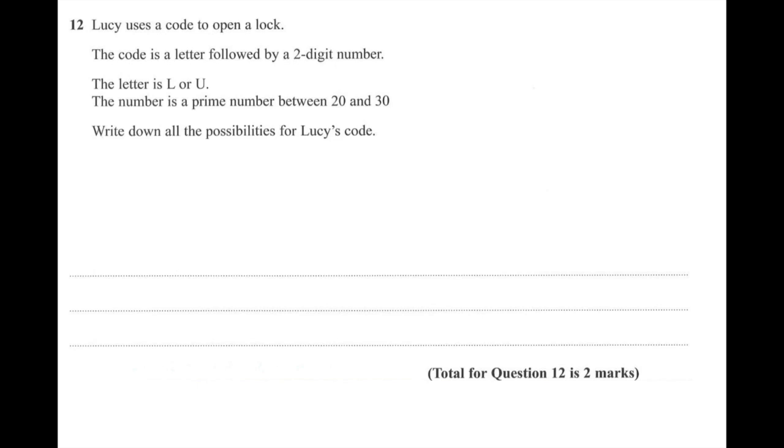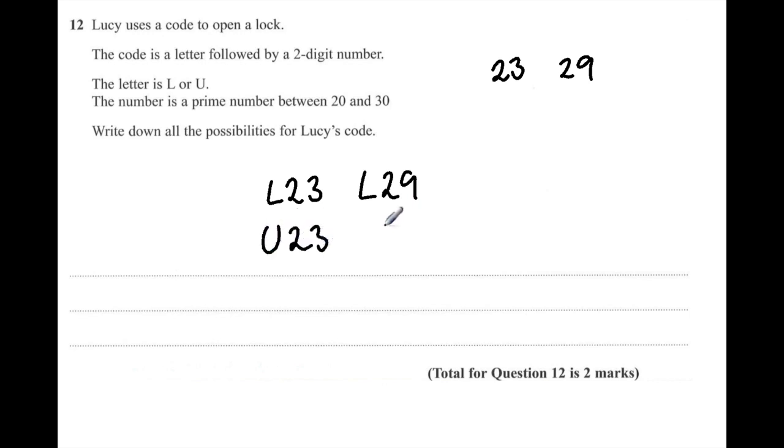There's only 2 prime numbers: 23 and 29. So the different combinations that Lucy can have for her code are L23, L29, U23 and U29. So these are all the possibilities for Lucy's code.